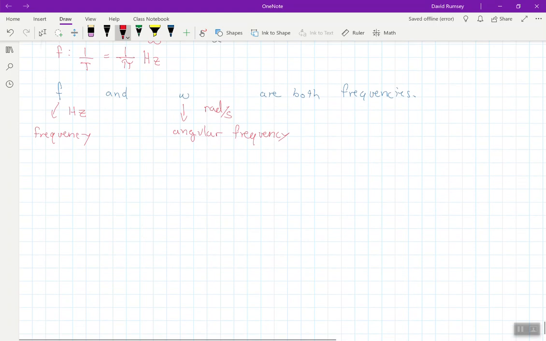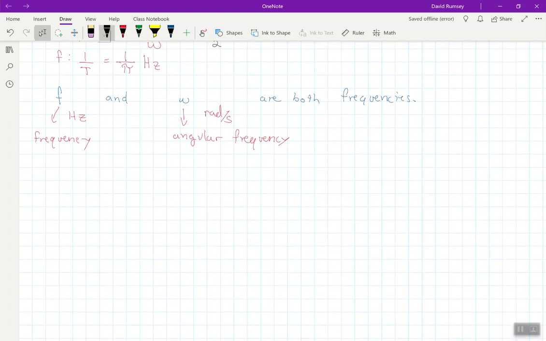So what we'll often see here for a generic cosine function, for instance, we might have f of t is equal to some amplitude A cosine omega t. And then this is my angular frequency. But another way you can write this, there's a relationship between the angular frequency and the frequency.